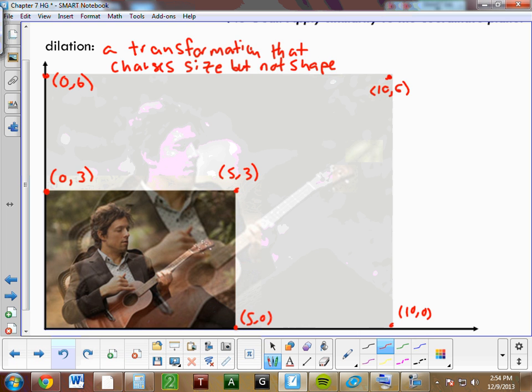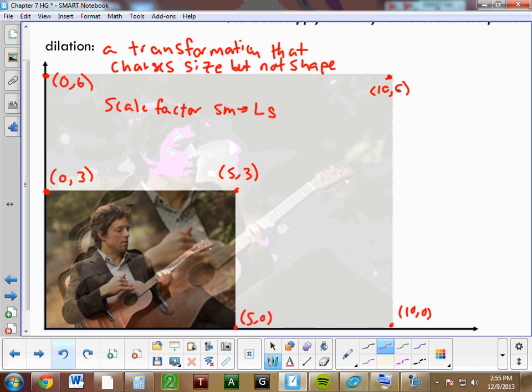So when we talk about that, we also talk about a scale factor. The scale factor for the small to the large would be what you would multiply by to get to the bigger one. So that's going to be a scale factor of 2.